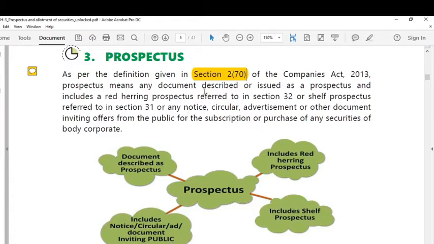So, prospectus means any document which is described or issued as a prospectus, which includes red herring prospectus, and the second one is shelf prospectus, or any notice, circular, advertisement, or other document inviting offers.